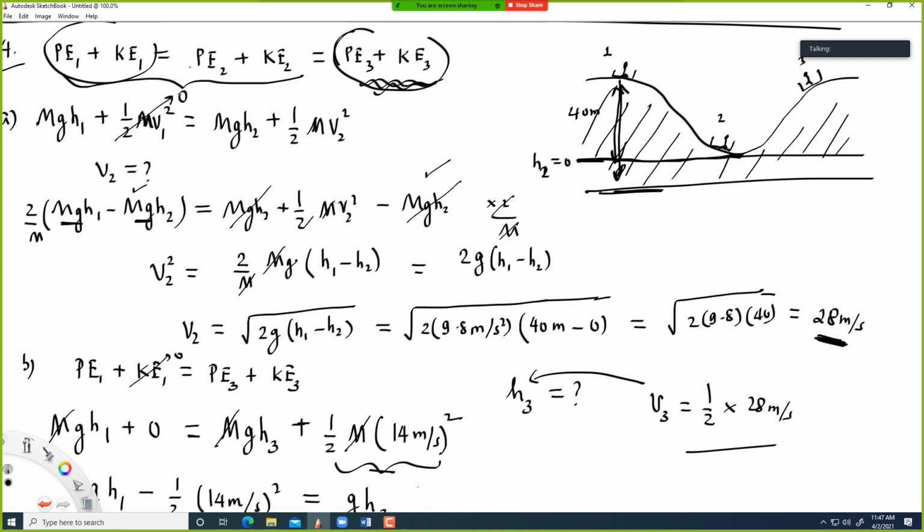So here, do we find the total energy? We didn't find the total energy, otherwise I can show you how much energy we have here. You can find the total energy here. So 40 times mass times, mass is not given, although. Potential energy at 1 is... How do you find that?